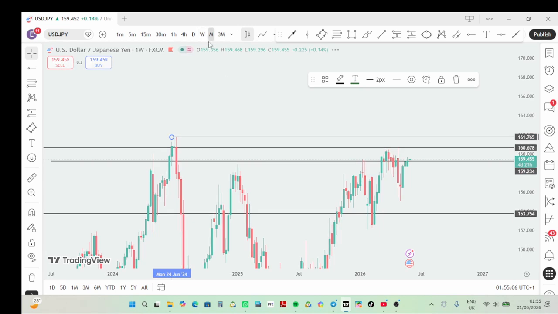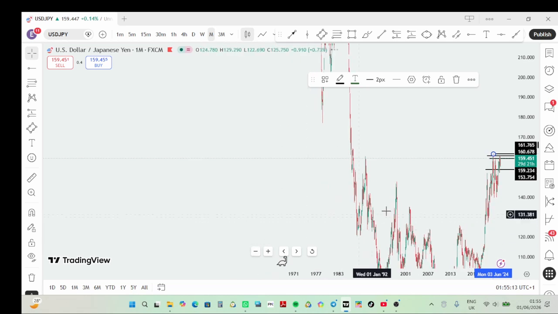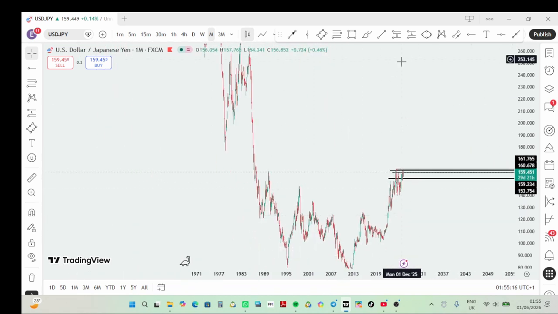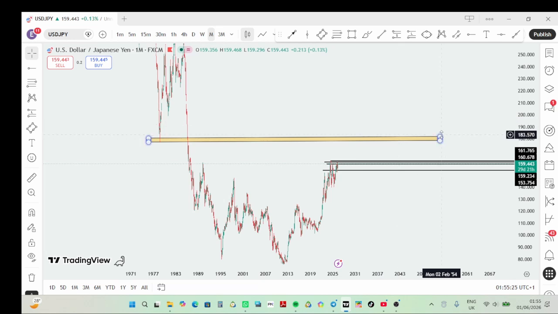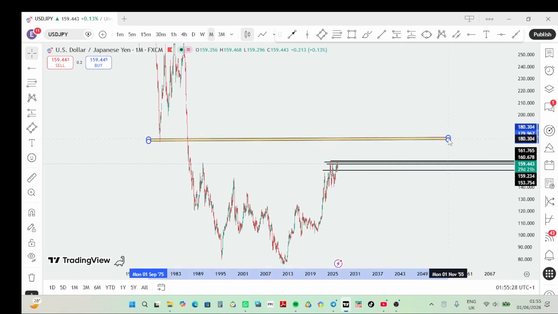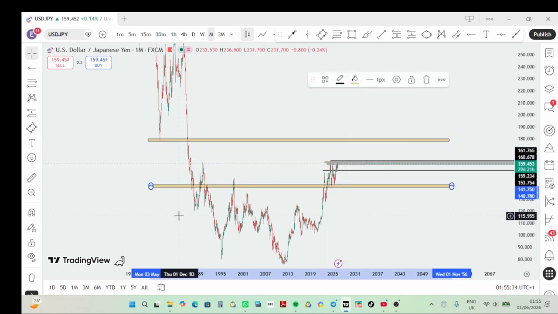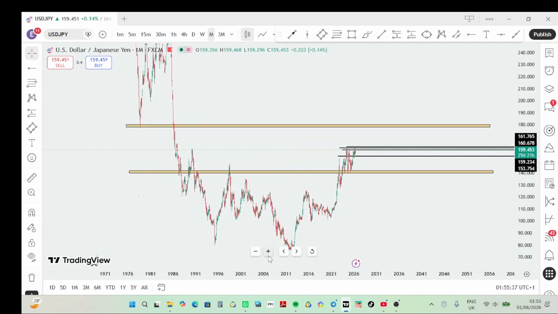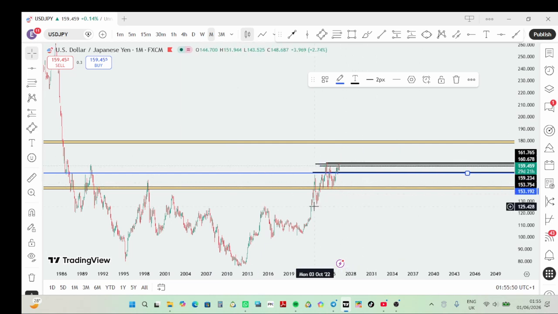But if you look at it on a monthly time frame, on a wider view, you can see that the market bounced off from this point, and we expect it to come back to this zone to give us the same move before it starts going up.